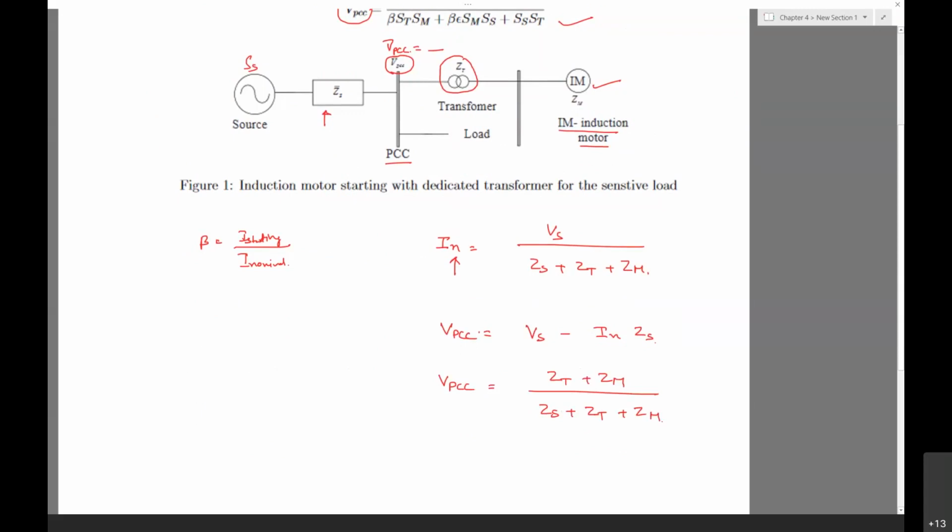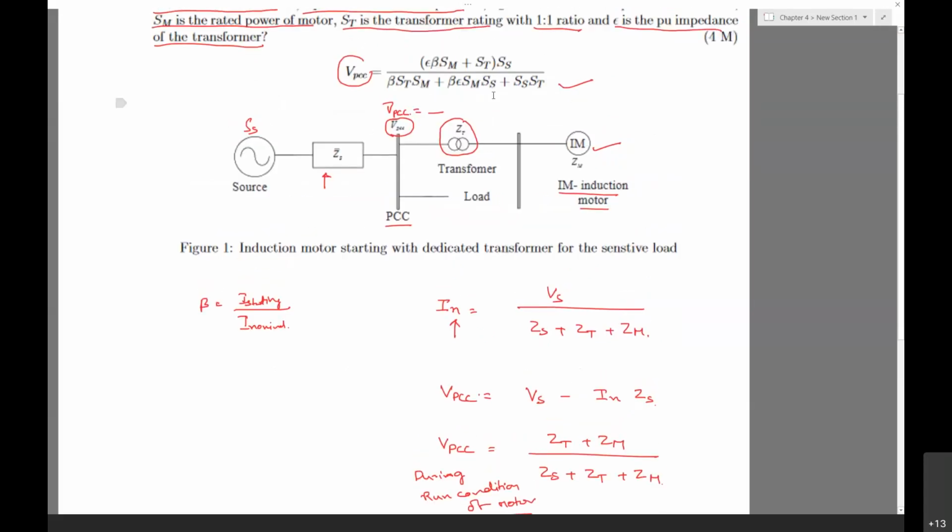Now we need to make out this. This is the PCC voltage during the running condition of a motor. When you look into this particular equation, it has been expressed in terms of Sm, the motor rating, in terms of the transformer rating, and in terms of the source MVA.